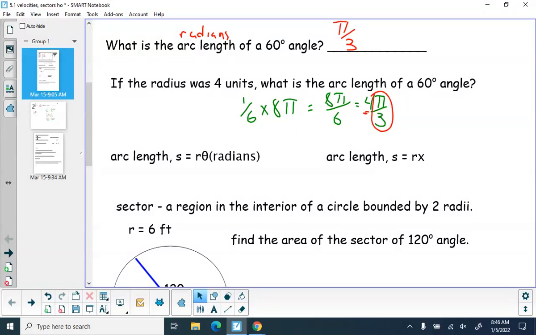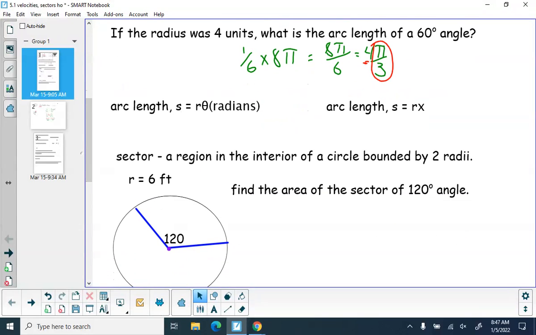A sector is a region in the interior of a circle bounded by 2 radii.